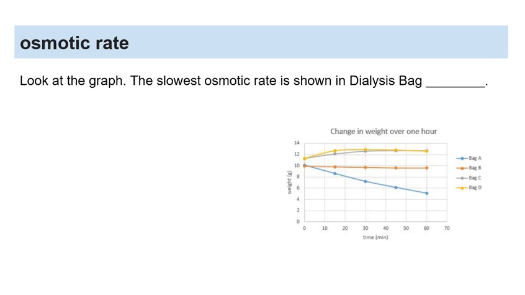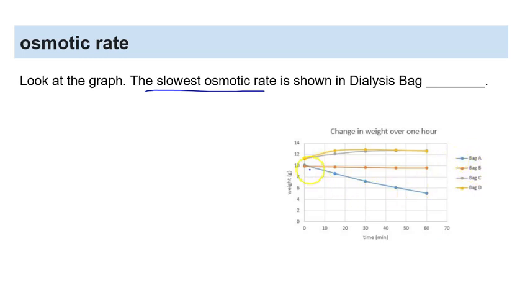Okay, let's practice through this graph. Look at this graph, and it's asking what is the slowest osmotic rate. In our experiment, we had 4 dialysis bags, or 4 artificial cells.